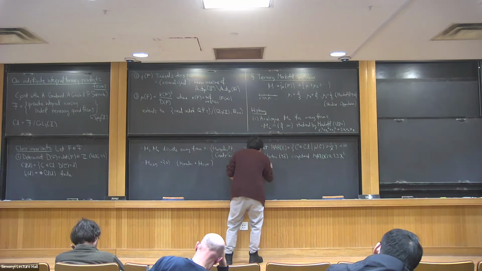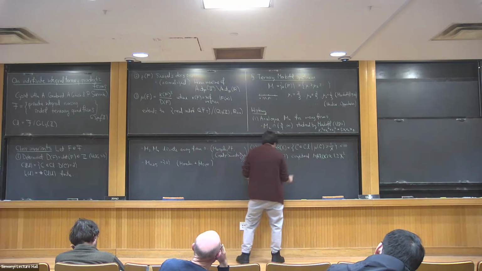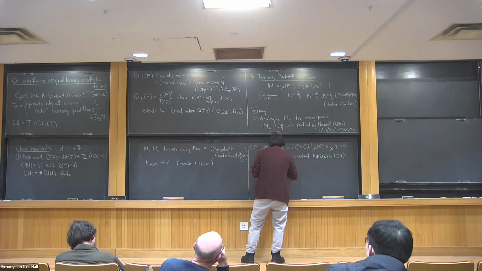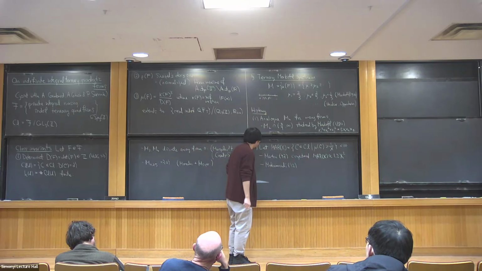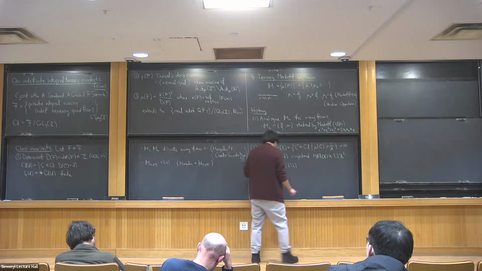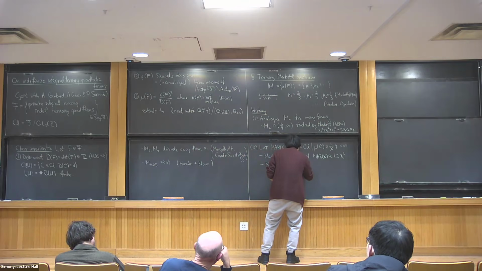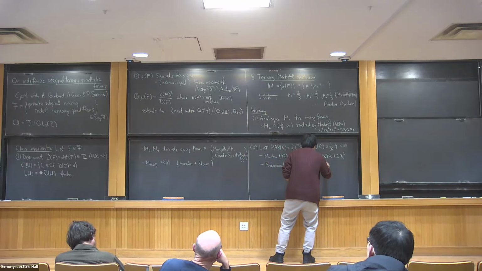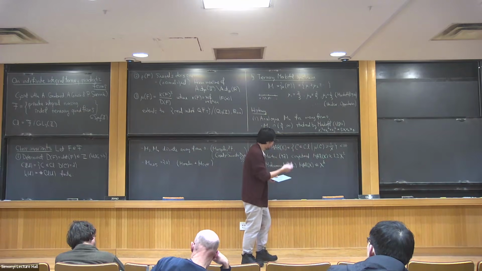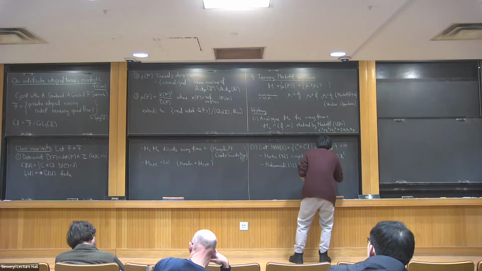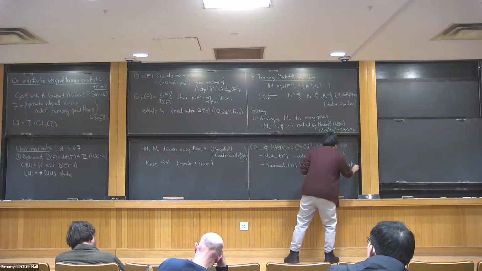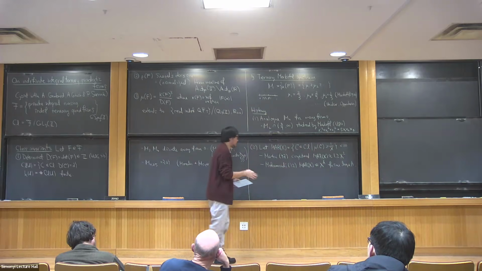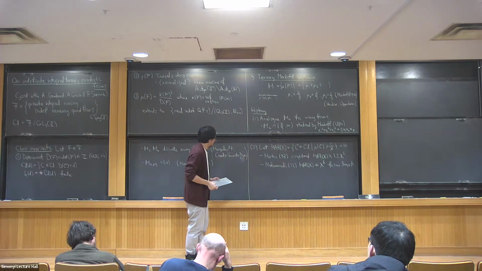And in 2012, it was established that this is bounded above by x to the a for some large a, something like 10 to the power of 7 or so.